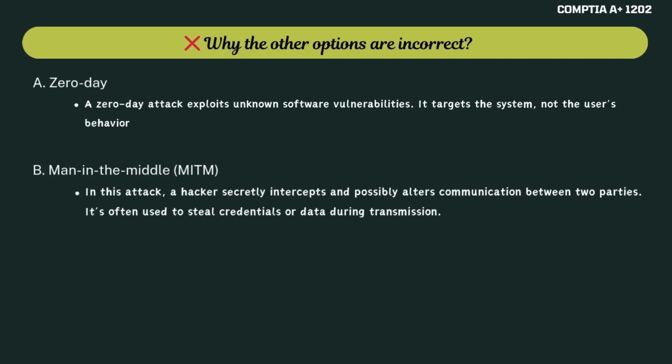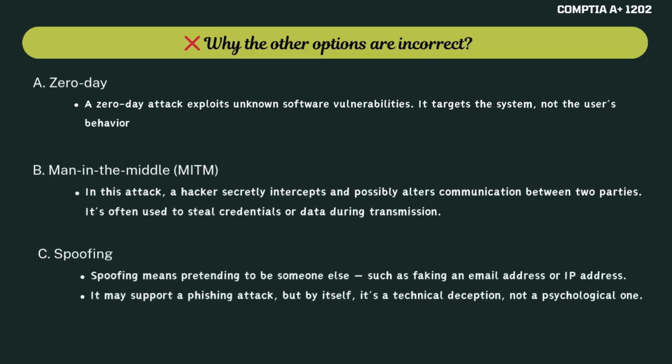It's often used to steal credentials or data during transmission. C. Spoofing. Spoofing means pretending to be someone else, such as faking an email address or IP address. It may support a phishing attack, but by itself, it's a technical deception, not a psychological one.